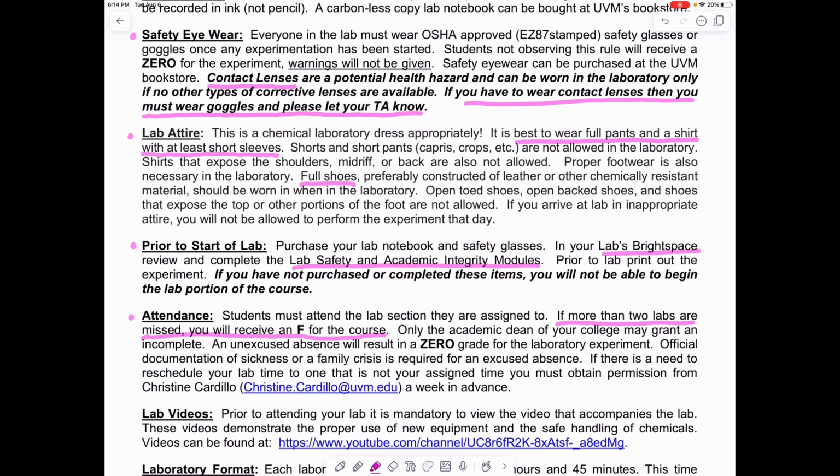If you do have a dean's note or athletic note, and you can't make up the lab, then you will not receive a 0 for that lab. It's just that your other labs will be worth more for your lab points. But regardless, you cannot miss more than 2 labs.